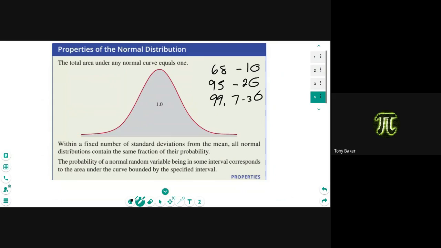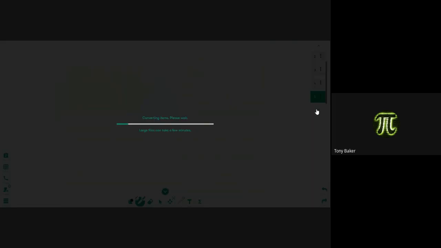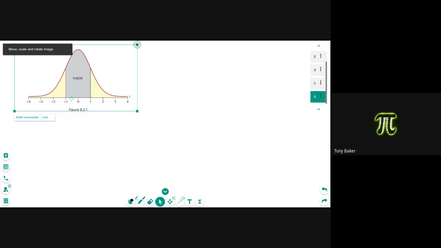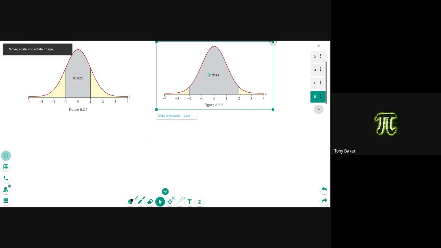So I'll show you this. This is where we had the 1 standard deviation. You can see that that's 68. Approximately 68, not exact, or it's a little higher. And then we have 2 standard deviations.